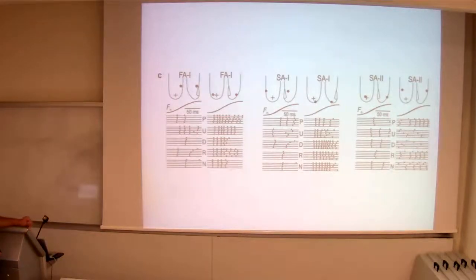So I was telling you that these receptors will respond with different firing rates depending on the amplitude of the stimulus. But what they see here is that it's not only the frequency that can change, but it's also the latency to the first spike.